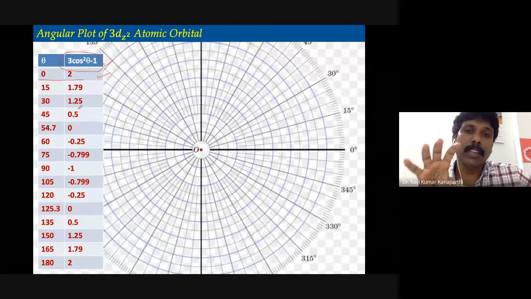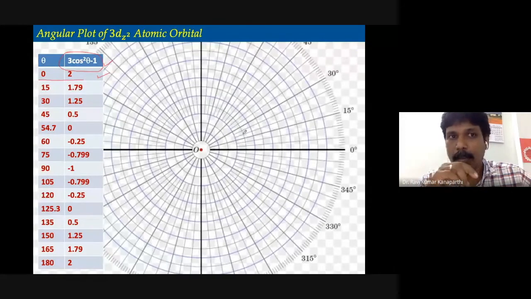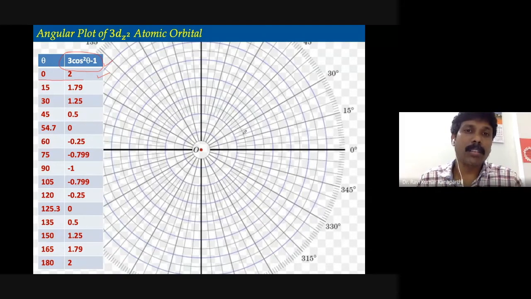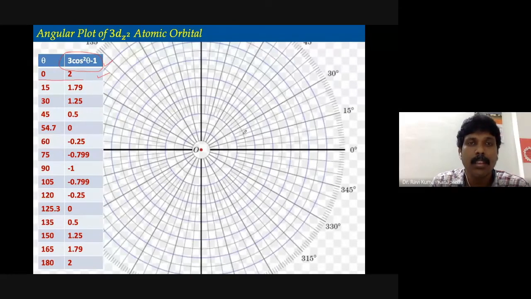It is better in this type of graph to have a bigger shape of the orbital, so it is always better to take a bigger scale. So 10 circles you can take as a 2. So every circle will have the value of 0.2.